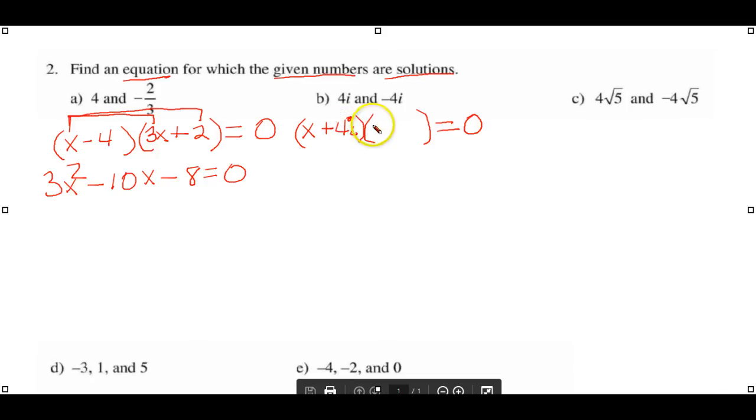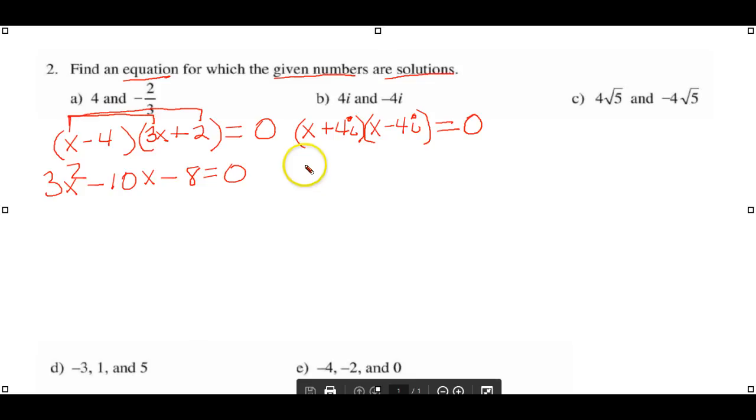And this one is x minus 4i. So if you were going to solve this one, equal it to 0, you just transpose that. Transpose that. So what does this become then?